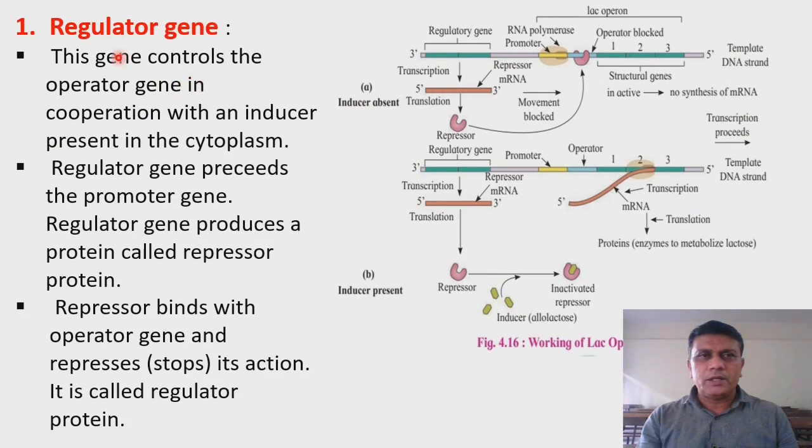The regulatory gene plays an important role in the process of lactose metabolism in Escherichia coli. This gene controls the operator gene in cooperation with the inducer present in the cytoplasm. Here we can see the regulatory gene, and this gene controls the operator gene.